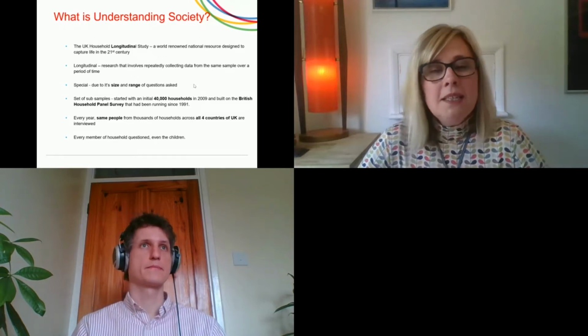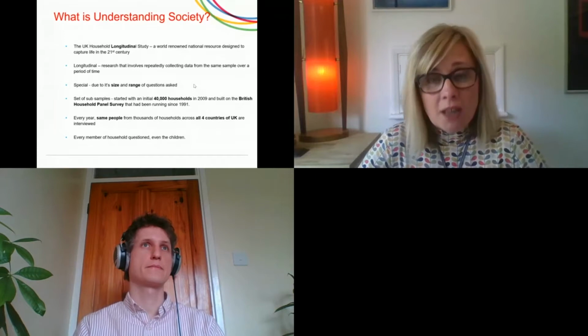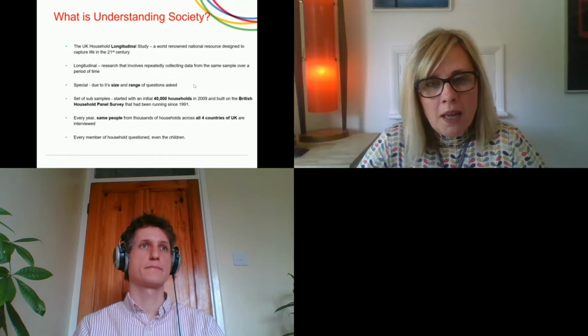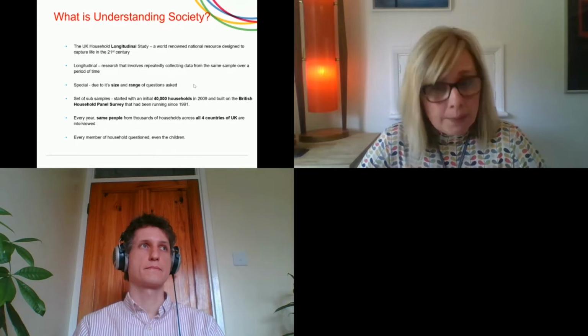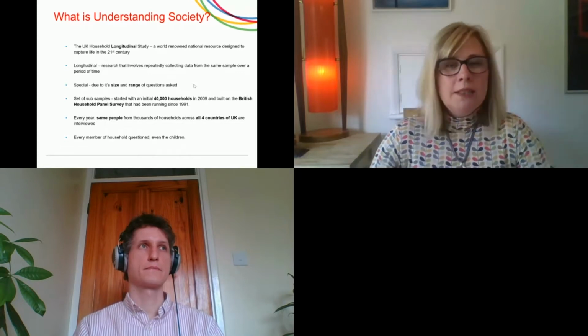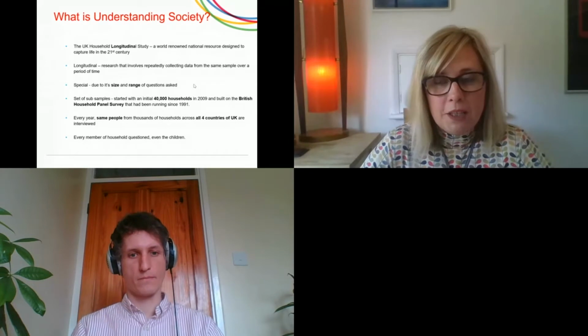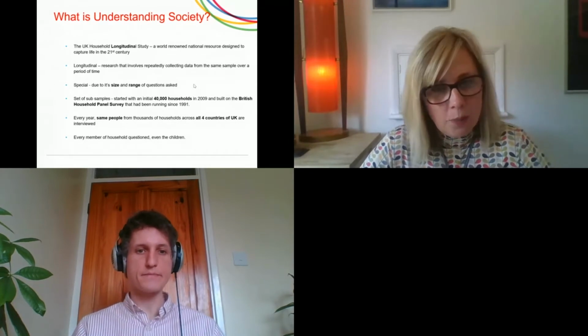Now, Understanding Society is really special due to its size and the range of questions that we ask our participants. The study is made up of a set of subsamples. So we started with an initial 40,000 households in 2009 and built on the British Household Panel Survey that had been running since 1991.